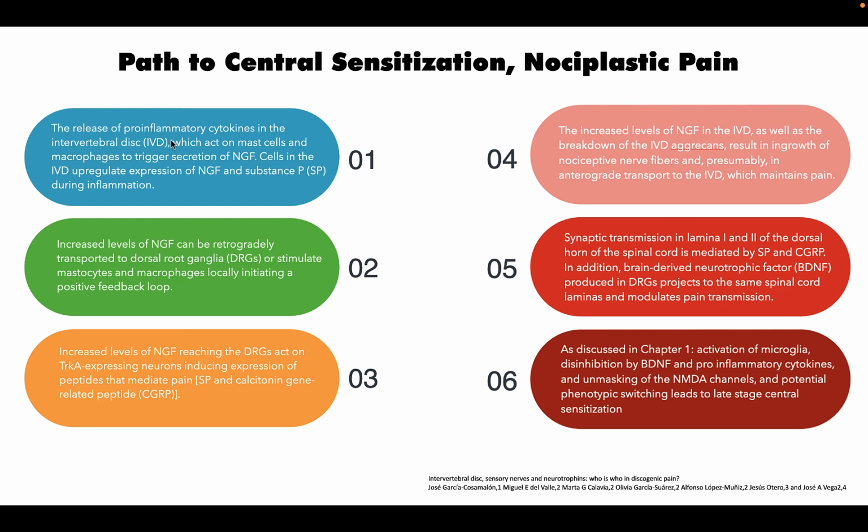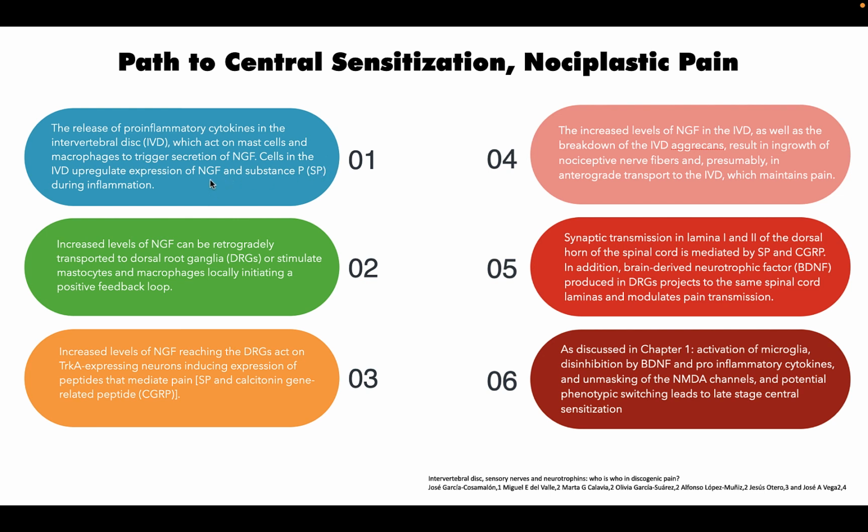So the release of pro-inflammatory cytokines in the disc acts on mast cells and macrophages to trigger secretion of nerve growth factor. Cells in the disc upregulate expression of nerve growth factor and substance P during inflammation.